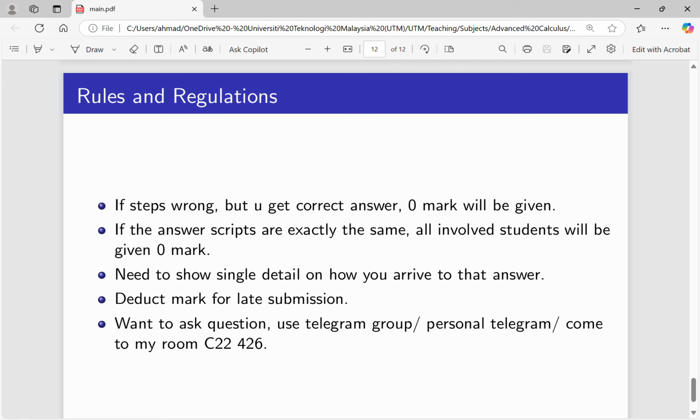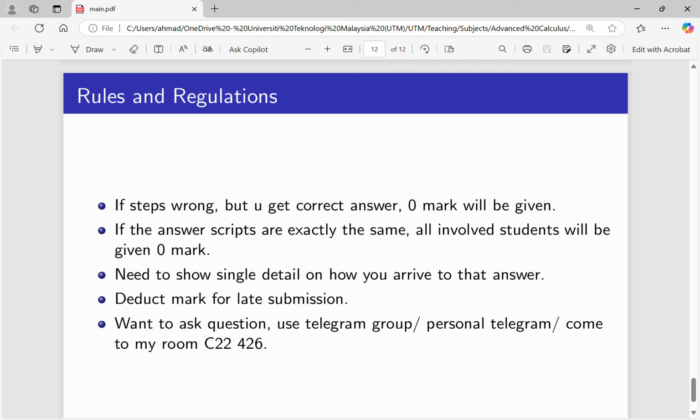You need to understand why it goes from the first line, to the second line, and third line, and then you arrive at the final answer. If some step is not clear or not well written, it is valid for me to deduct your mark.